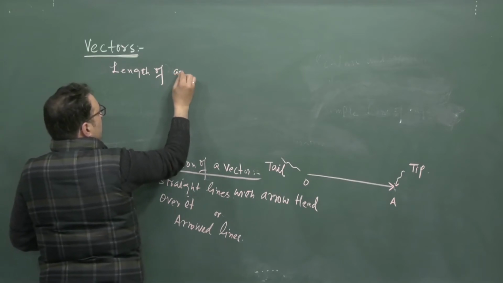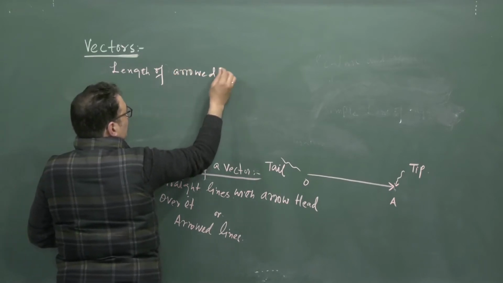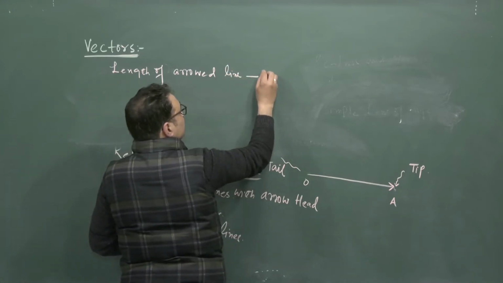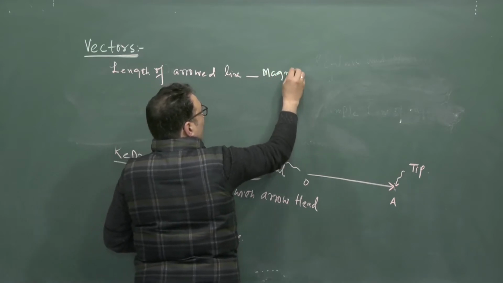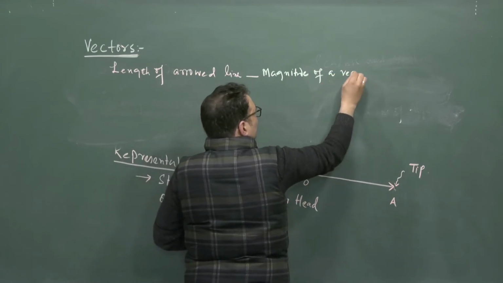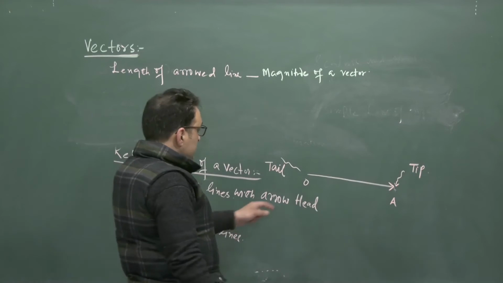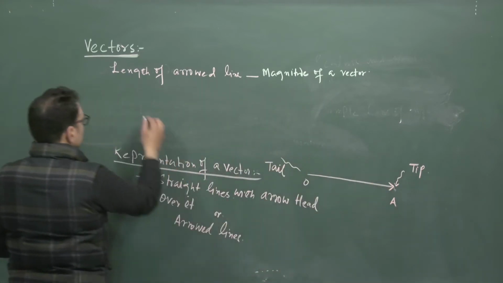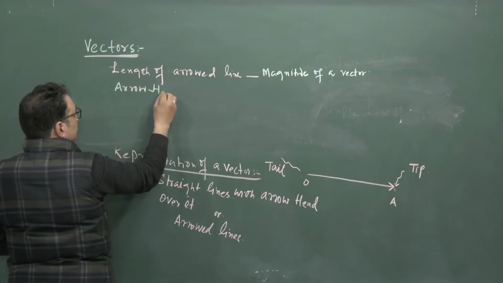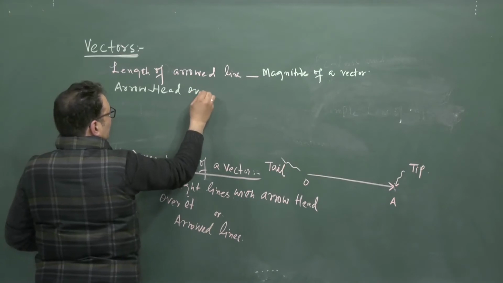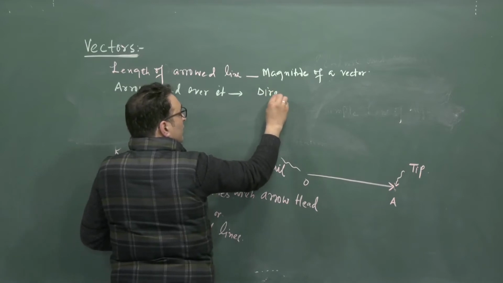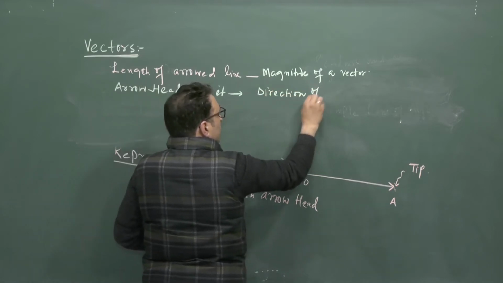Length of the arrowed line, this is called the magnitude of a vector, and this arrowhead over it specifies the direction of a vector.